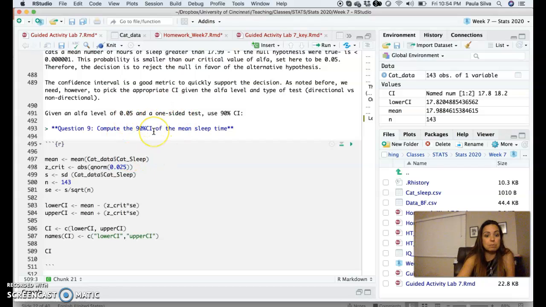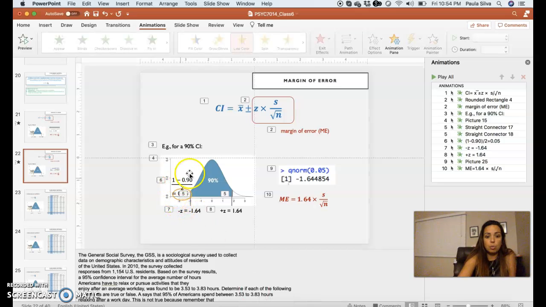Here we want the 90% confidence interval instead. And for that, we need a different Z critical, right? Like I was showing you from class, when I have a 90%, we want a qnorm of 0.05, because that's the full area I'm leaving for rejection on one side, the full 5% probability.